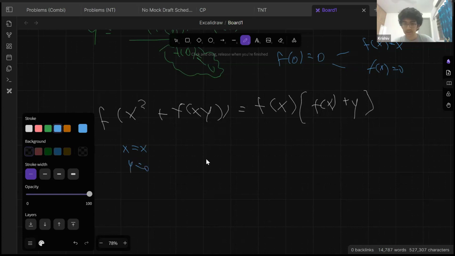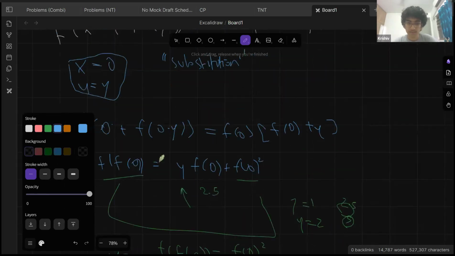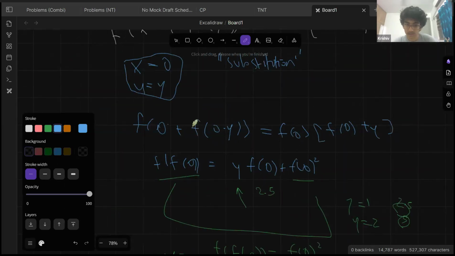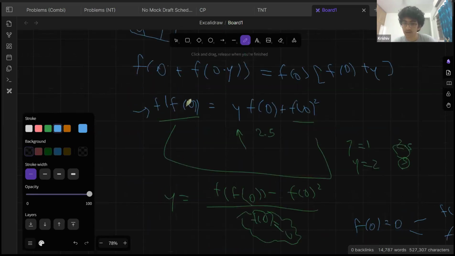So also for the sake of conciseness, please explain why f of 0 is 0. Okay. So f of 0 is 0 because when we plug in x is 0 and y is y, we get this. This is clear, right? F of 0 is equal to y f of 0 plus f of 0 the whole square. I mean, not the whole square, the square.